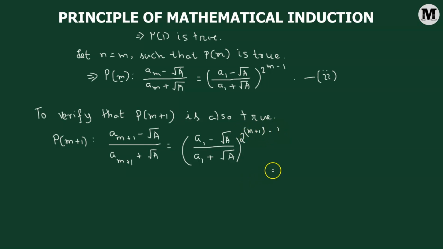This is what we have to verify. So let's call it number 3. Our goal will be to verify that if P of m, statement number 2, is a true statement, then P of m plus 1 must be true as well.